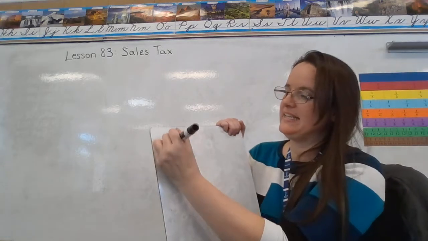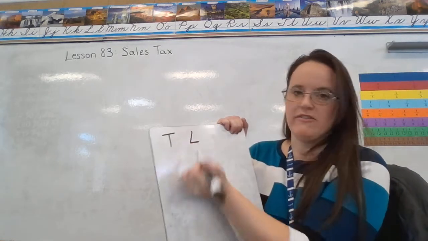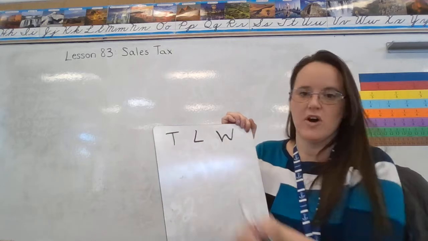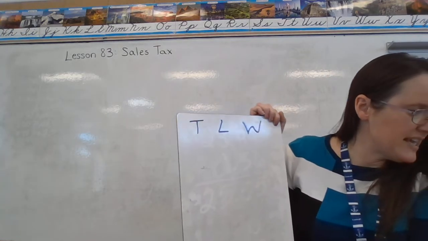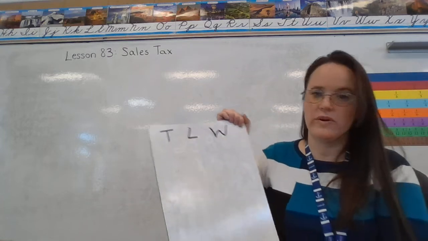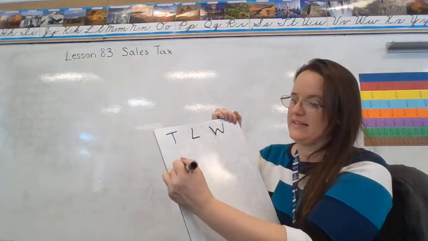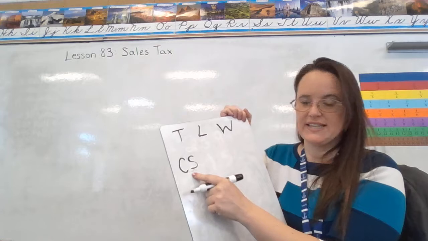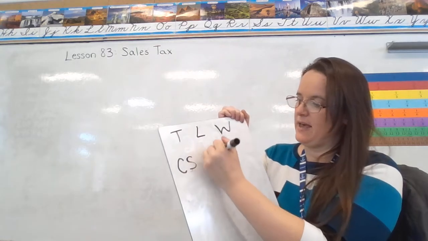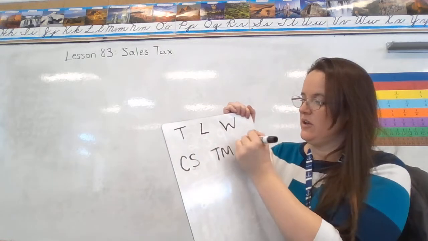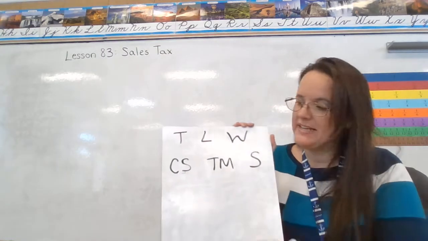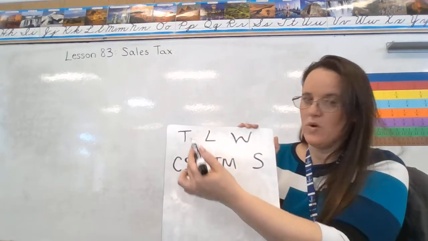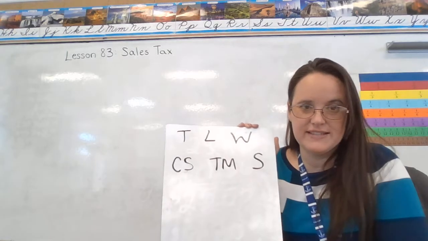So I'm going to write T for tea, L for lemonade, and W for water. Those are her drinks. Then she has a chicken sandwich, a tuna melt, or a salad. So I'm going to write CS for chicken sandwich, TM for tuna melt, or S for salad. And they want to know how many different ways can we combine one of each of these.